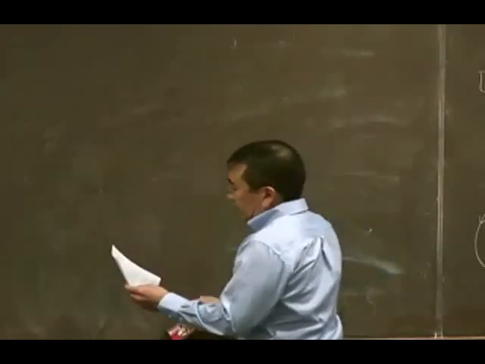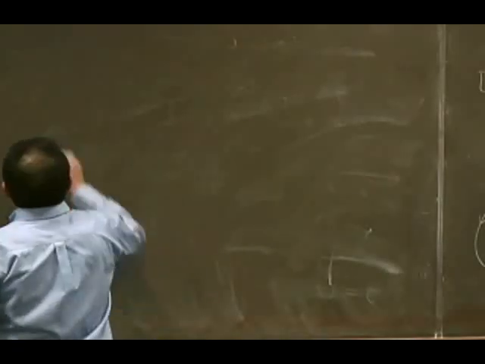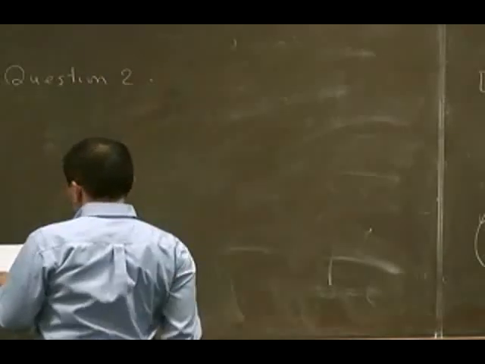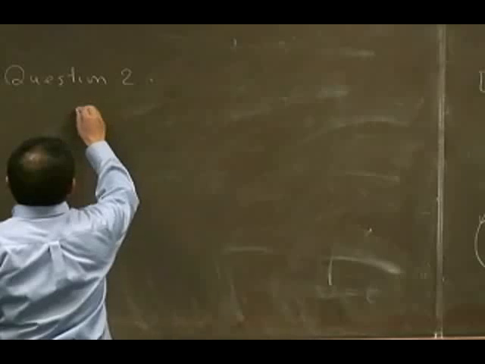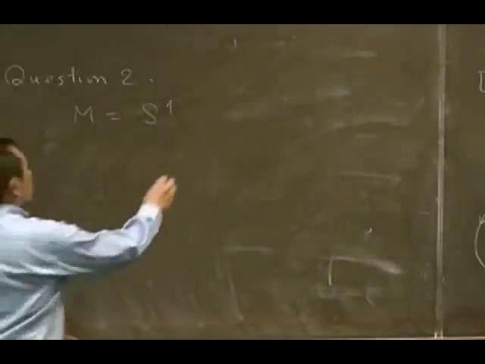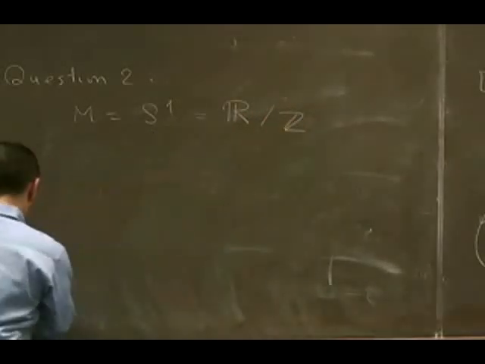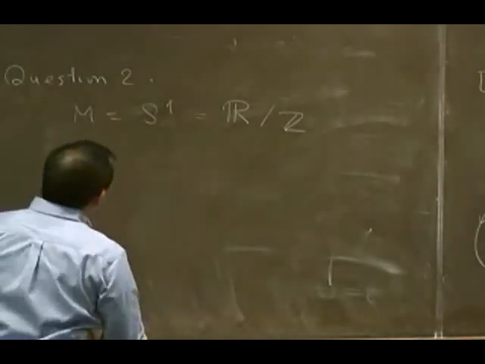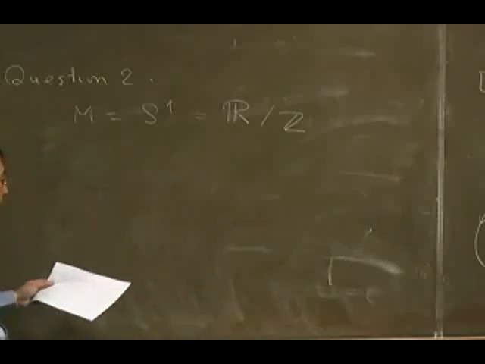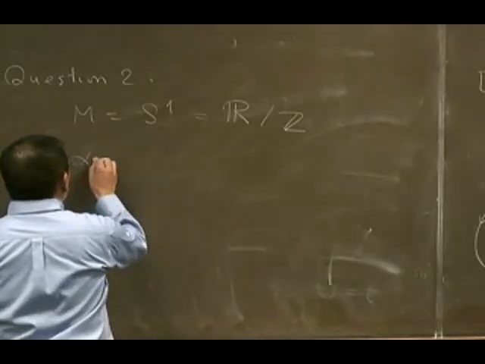So here is another question. Suppose the target space M is itself a circle, which you can think of as R divided by Z. Then in that case, one can show that the representatives of the fundamental group are given by maps of this kind.